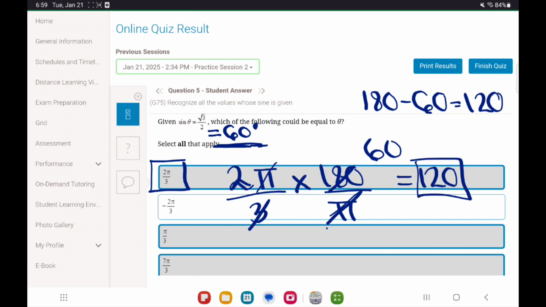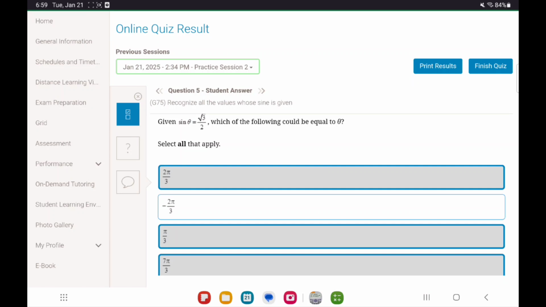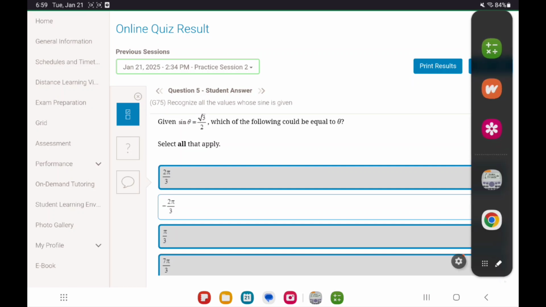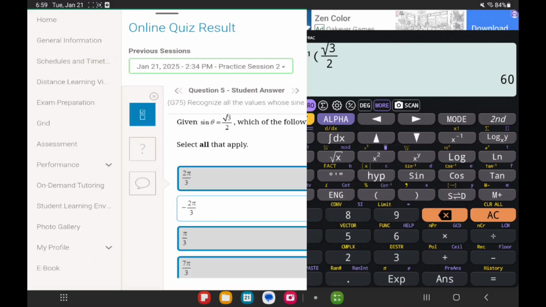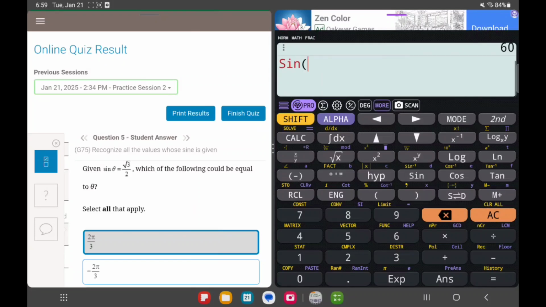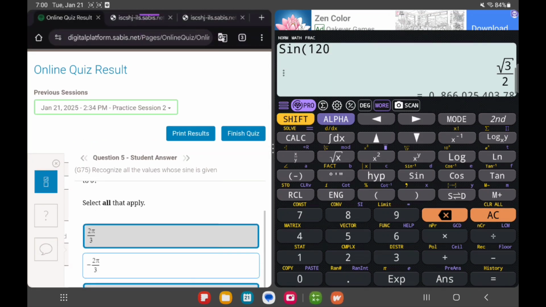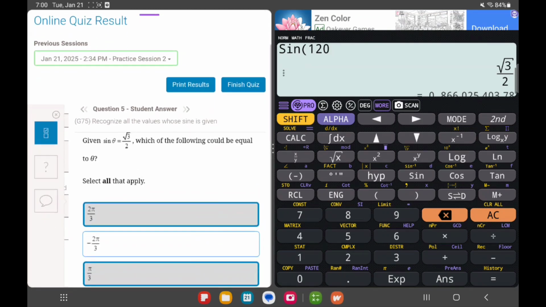If you don't remember this in the exam, check each answer by going, I'll tell you how to do it. You go to your calculator, you do sine of 120, which you found from here. You will get radical 3 over 2, and that proves to you that 2 pi over 3 is the right answer.